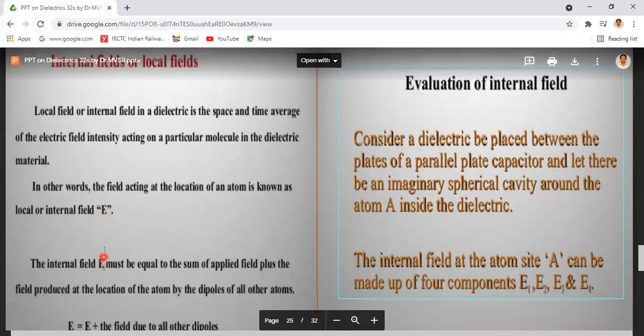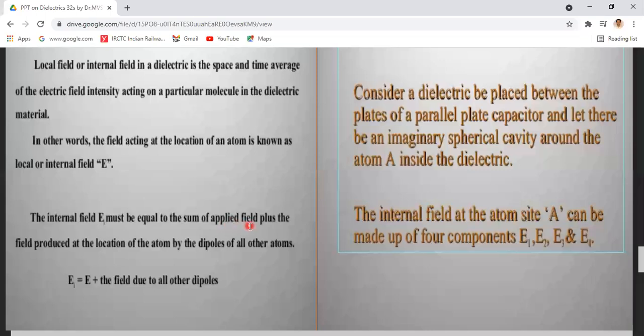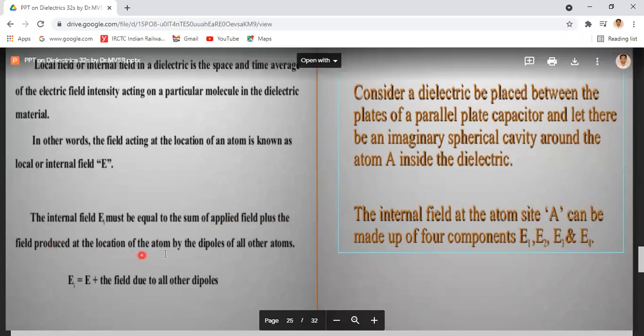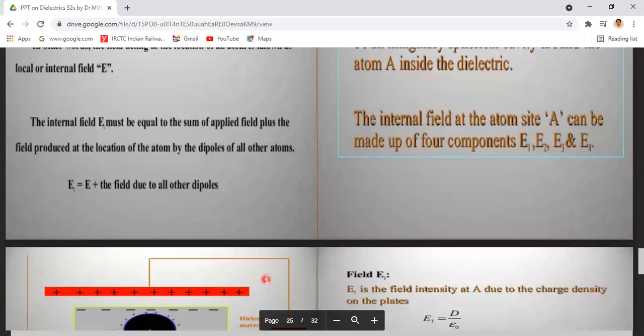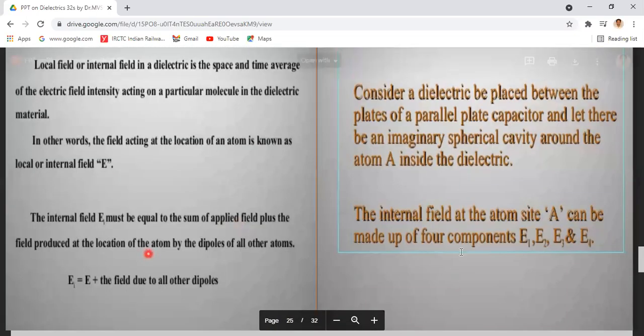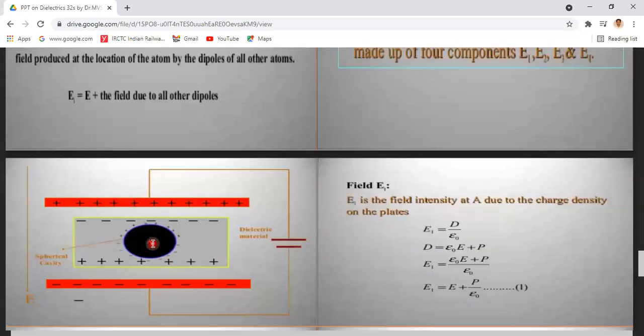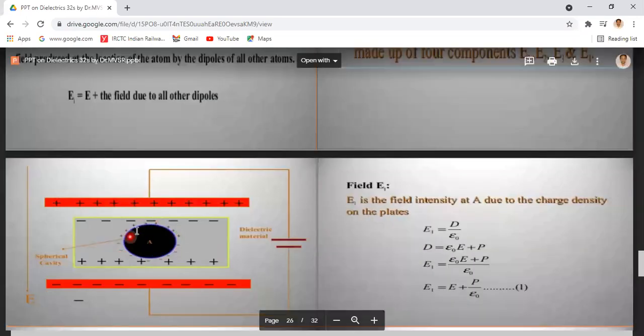The internal field or local field, E bar or E_i, must be equal to the sum of the externally applied field E bar plus the field produced at the location of the atom by the dipoles of all other atoms. That means around the atom A we consider a spherical cavity.